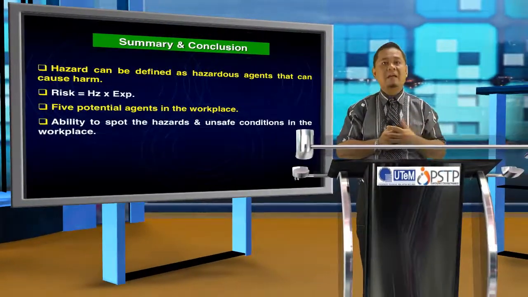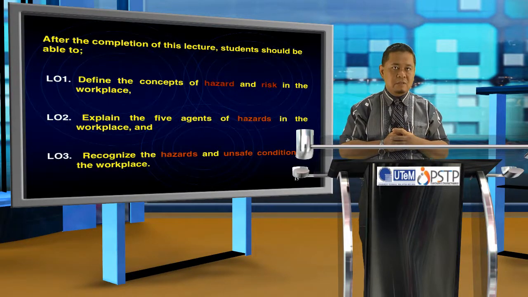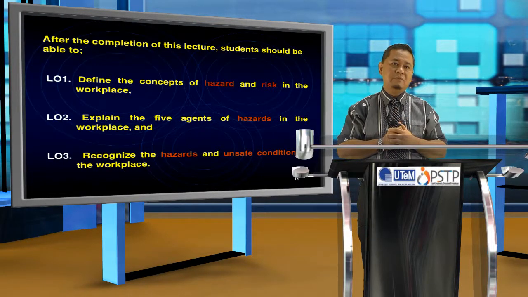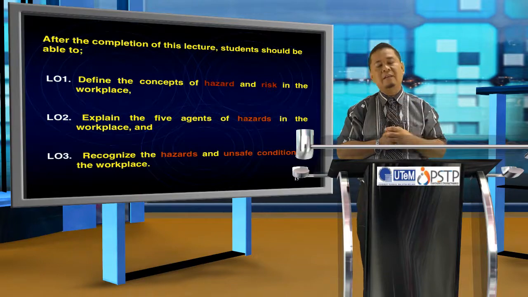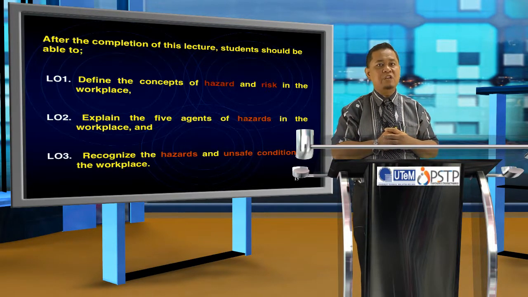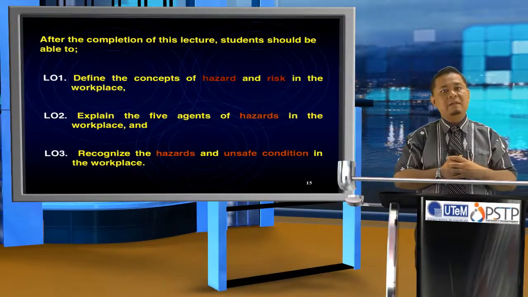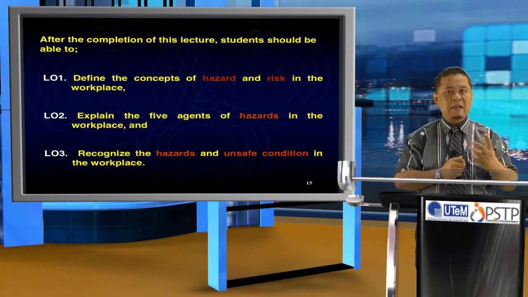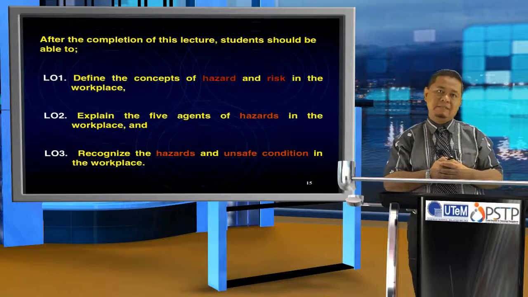From that, I end my lecture. Hopefully you'll be able to define the concept of hazard and risk, explain the 5 agents in the workplace, and recognize the hazards, unsafe acts, and unsafe conditions in the workplace.